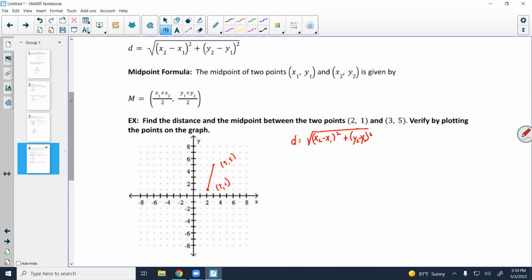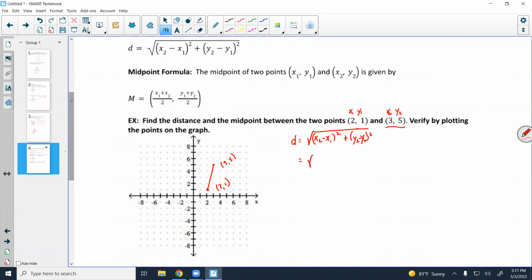Now, a trick to this, since we're subtracting, to avoid having negatives, not that it matters, is if both coordinates of one point are higher than the coordinates of the other one, let this be (x2, y2), and this be (x1, y1). Again, it doesn't matter which is which.